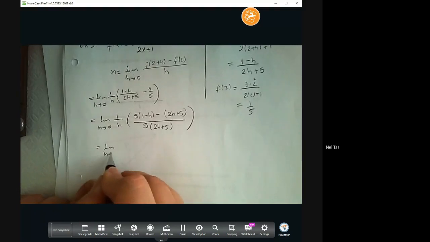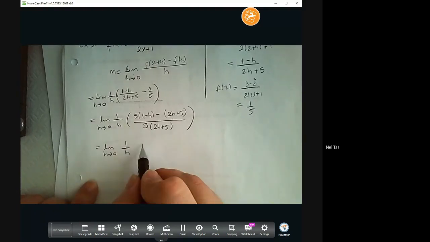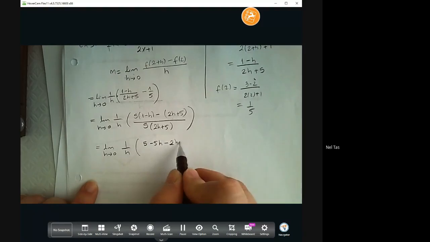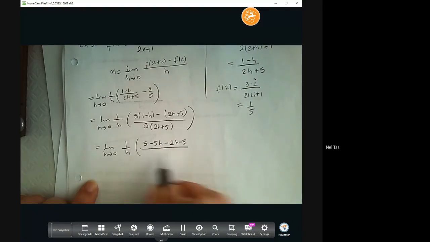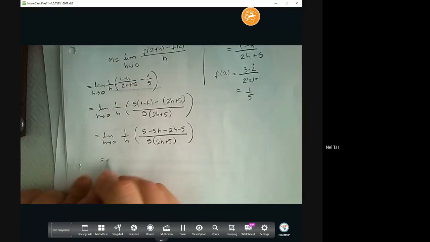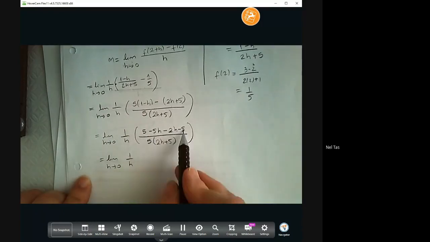So the limit as h approaches 0 of 1 over h. Expand those brackets. So you get 5 minus 5h minus 2h minus 5 over 5 times 2h plus 5. Okay, so 5 and 5 is gone.